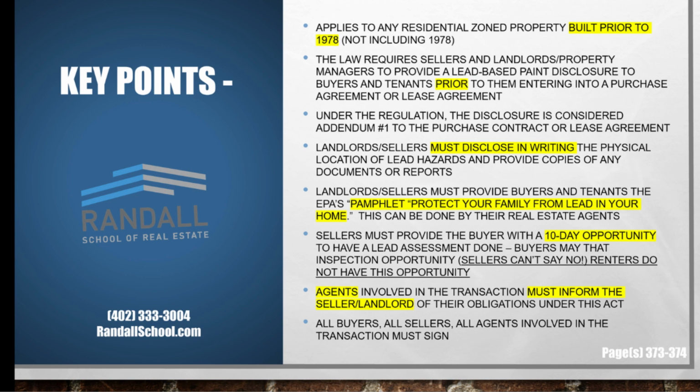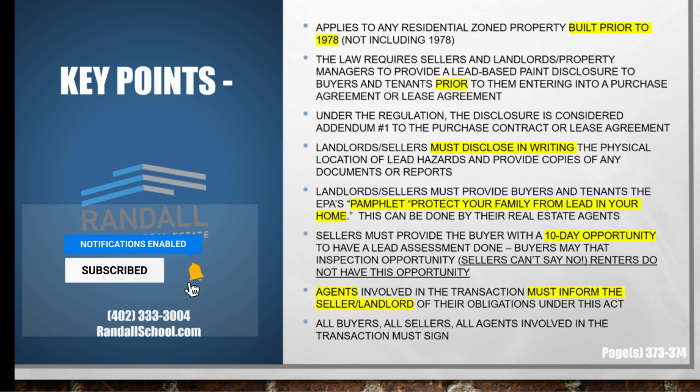Now, one thing I want to point out here, it's kind of interesting. Typically, it will be the property manager, or in the case on the sales side, the listing agent, that's going to initial that, saying, hey landlord, or hey seller, here are your obligations. But let's say that it's a for sale by owner transaction where the buyer's agent, a licensed buyer's agent, is taking their buyer to a for sale by owner, and the for sale by owner has not completed the lead-based paint disclosure.